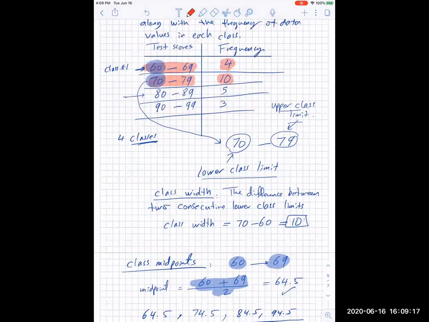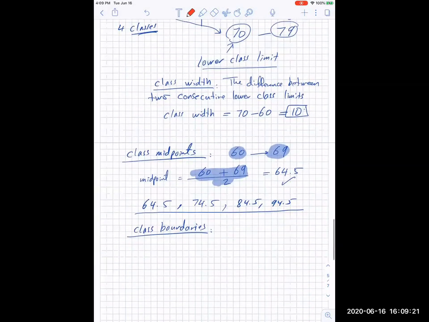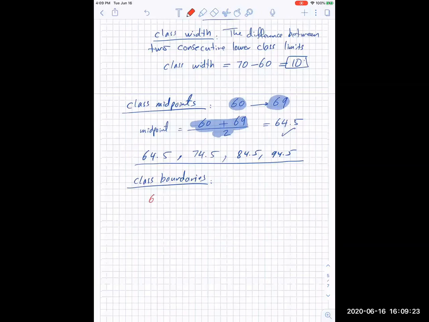If you look at the first class, actually, let me write it here. The first class begins with 60, it goes to 69. The next one from 70 to 79. Now there is a gap between these, right? The first one ends at 69, the next one begins at 70. So there is a gap.